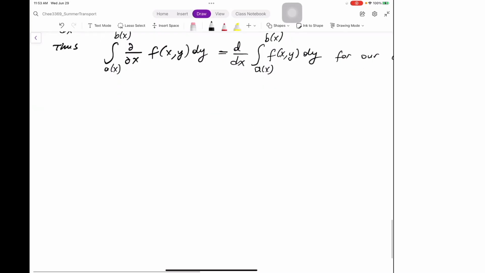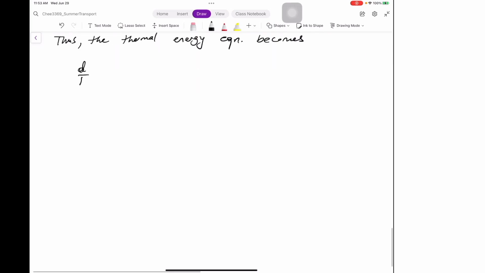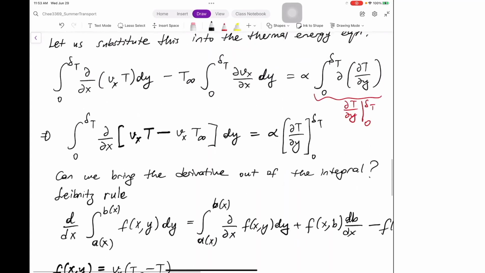Okay, so the thermal energy equation becomes d over dx from 0 to delta t, Vx times t infinity minus t dy, right?